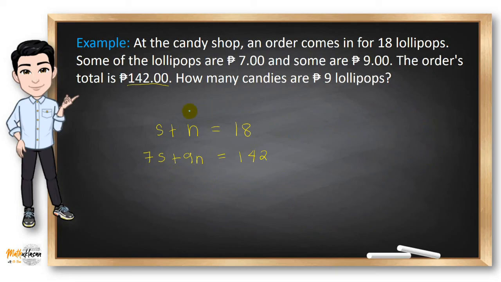And since we now know that the value of N is 8, then S is just equal to 18 minus 8. So S is equal to 10. So the number of 9 peso lollipops is 8 pieces, and we have 10 pieces of lollipops worth 7 pesos.